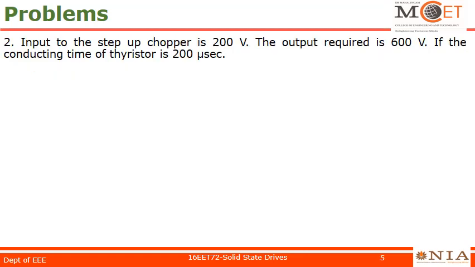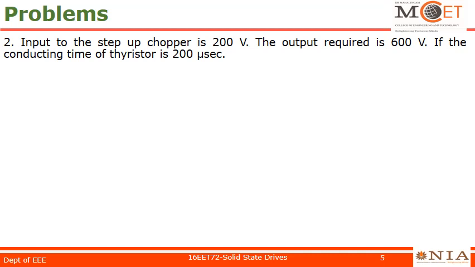Next problem. The input to a step up chopper is 200 volt. The output required is 600. Here it is a class B chopper, because the output voltage is greater than the input voltage. We are going to boost the voltage, and the conducting time of the thyristor is 200 microseconds.